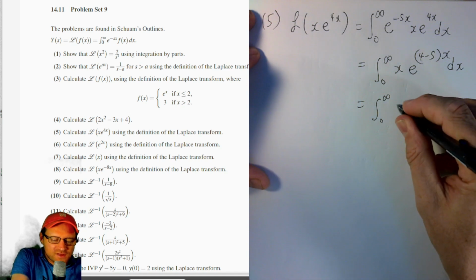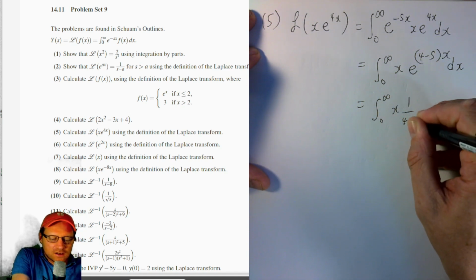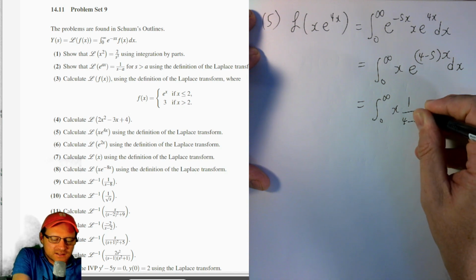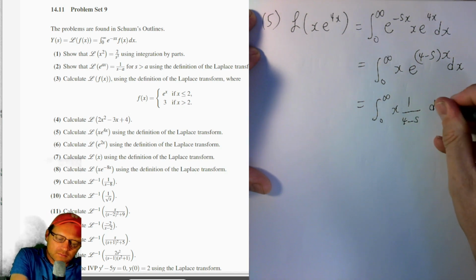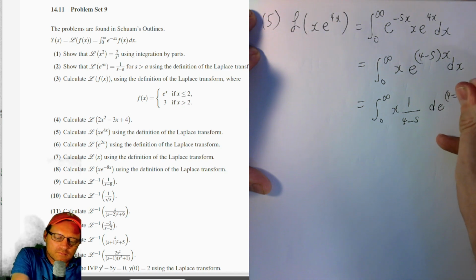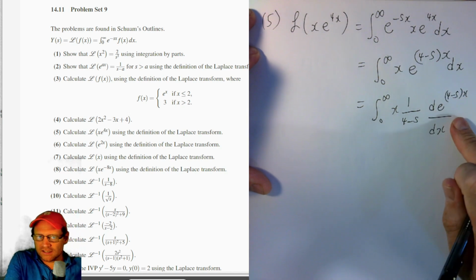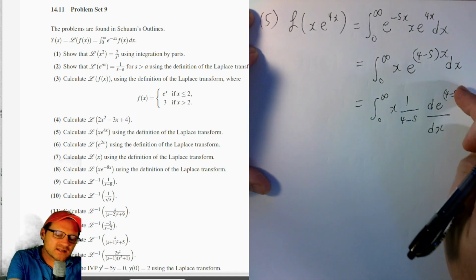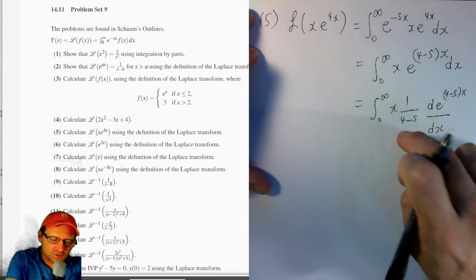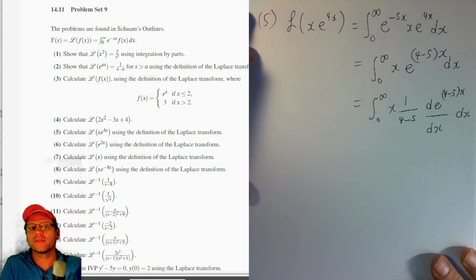Now, when we do that, we need to compensate here by putting in 4 minus s on our denominator of a fraction, so that when we actually differentiate this, the 4 minus s that would come down using the chain rule would cancel with this one to make this true.